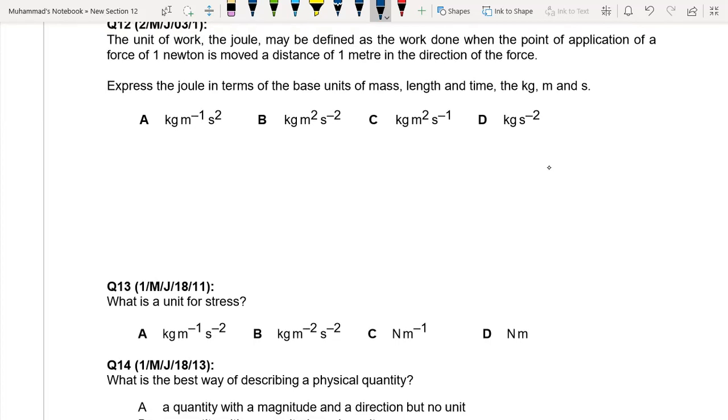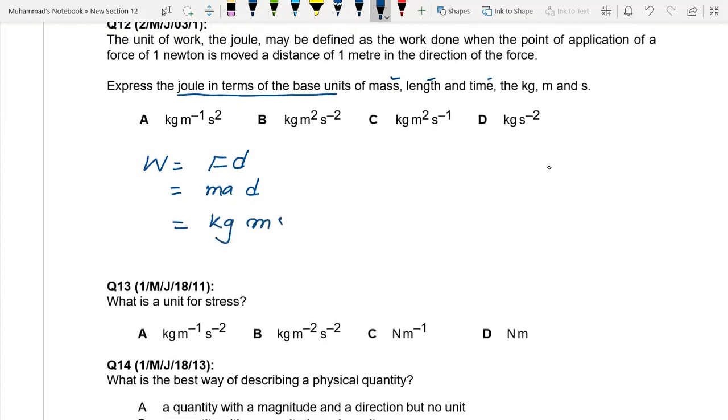The unit of work, the joule, may be defined as the work done when the point of application of a force of 1 Newton is moved a distance of 1 meter in the direction of the force. Express joule in terms of base units of mass, length, and time. You know that joule is the unit of work, and we know the formula of work is F into D, which I have already done. F is mass times acceleration, times D, so that is kg.